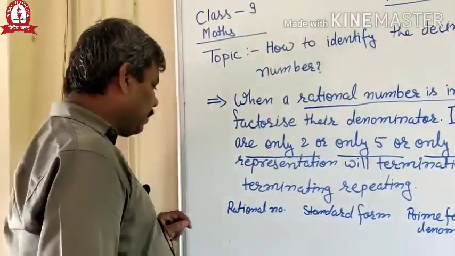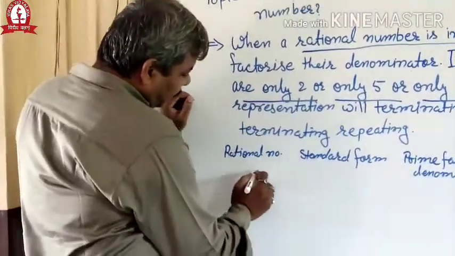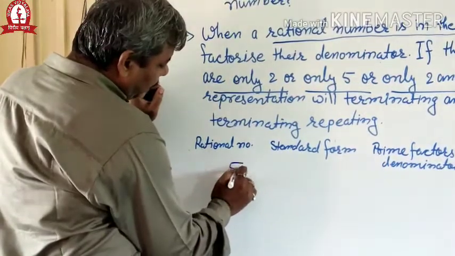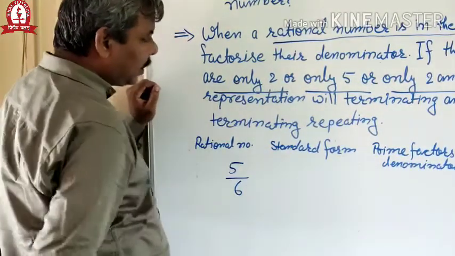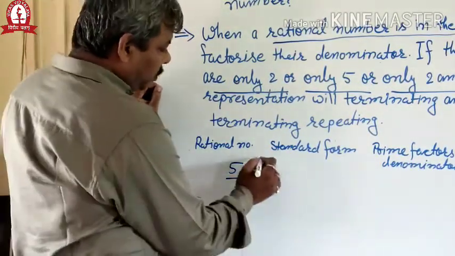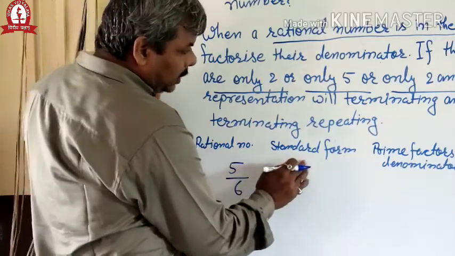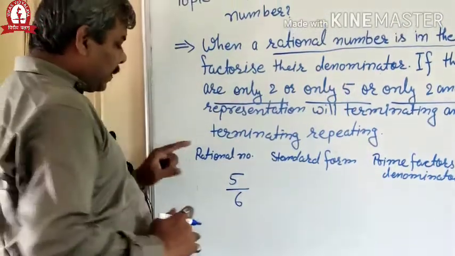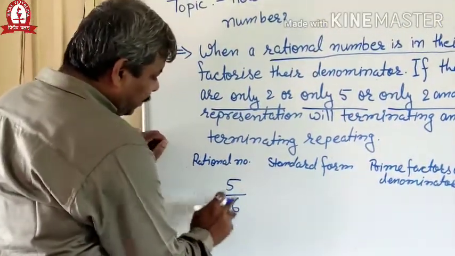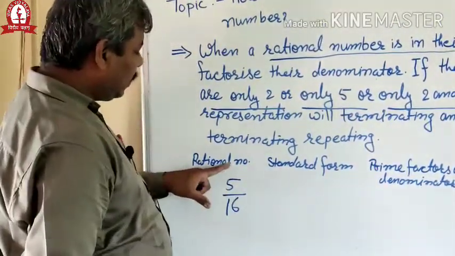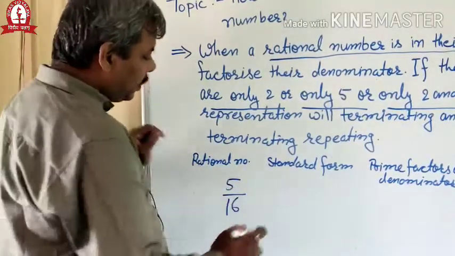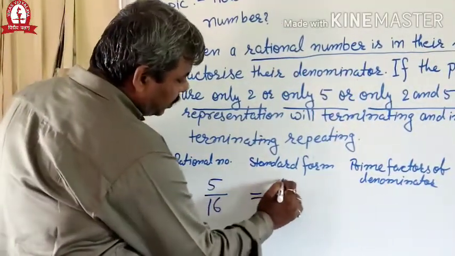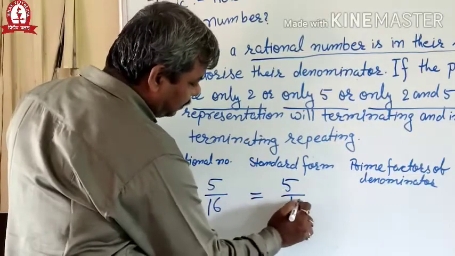Now see some examples. Suppose the first rational number is 5 by 16. We have to follow these conditions, this process. First, the rational number is 5 by 16. What is its standard form? Its standard form is also 5 by 16.